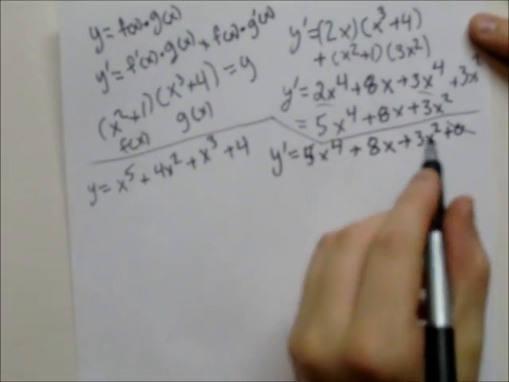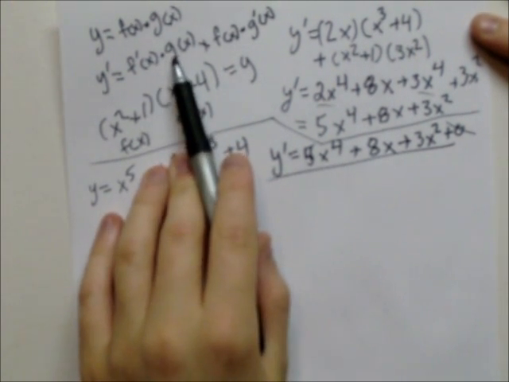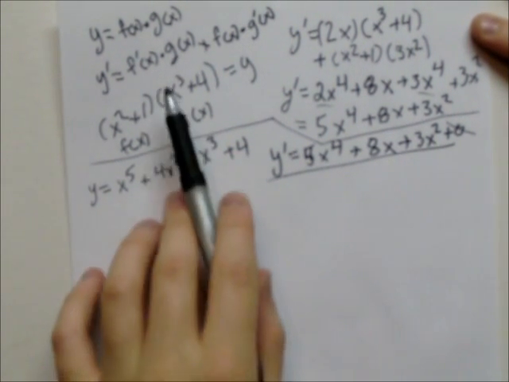And 0's gone, so there. Same answer. This is using the product rule, and this is if you factor it out and FOIL it.